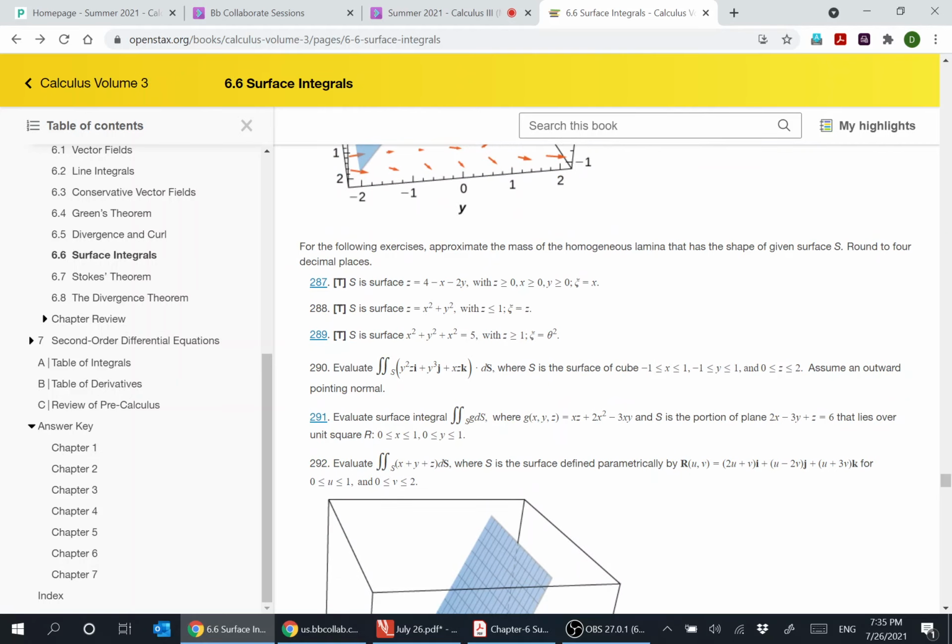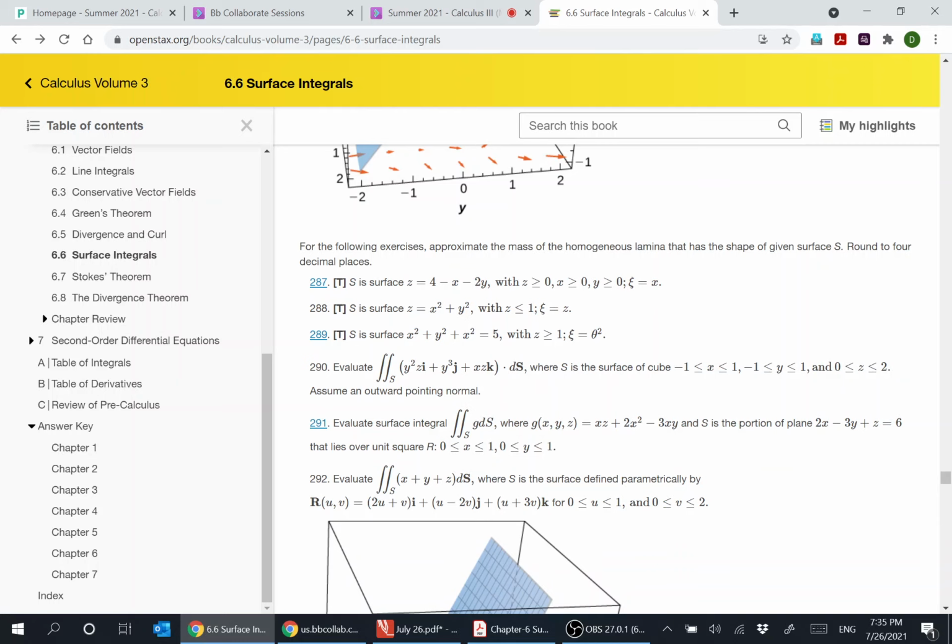3 root 4. I think it's 3 root 11. Plus 2x squared minus 3, that was right. So it's 2x minus 3y plus z equals 6. So z is 6 minus 2x plus 3y.